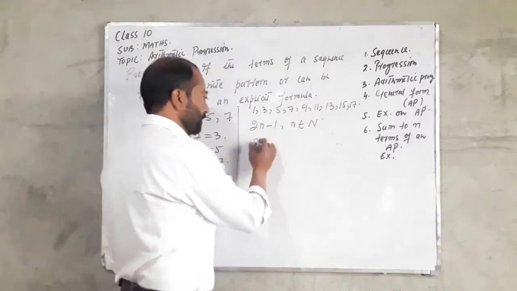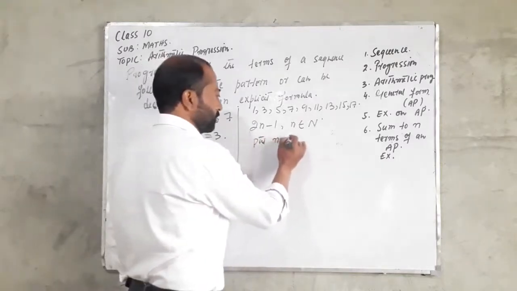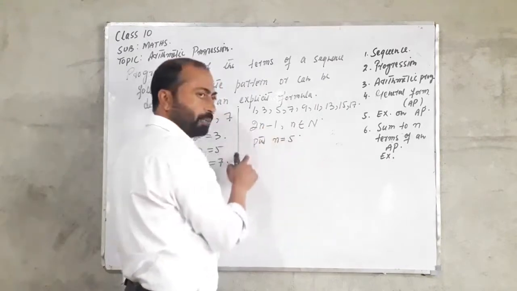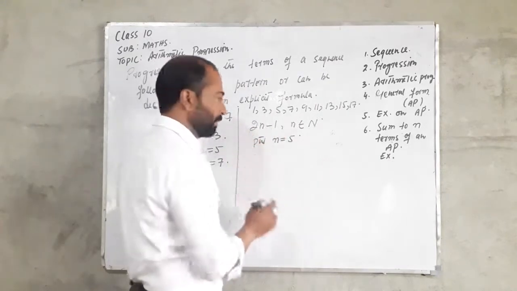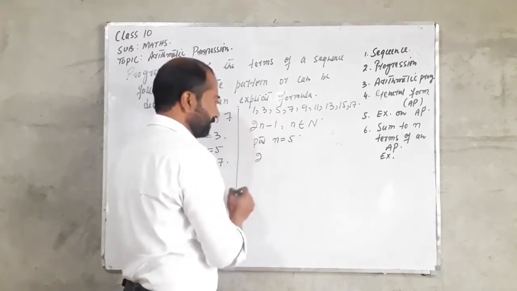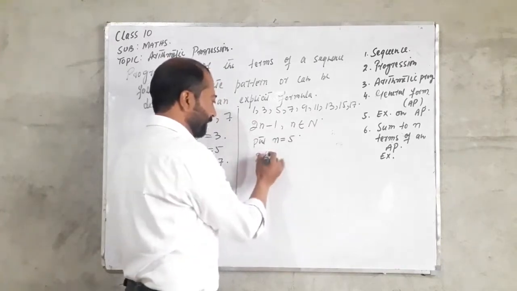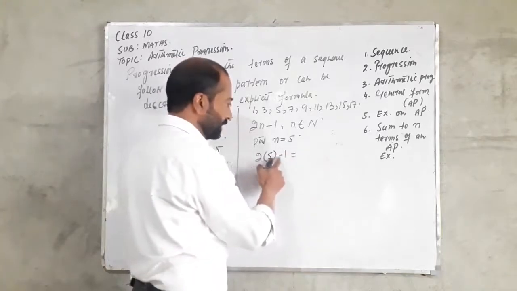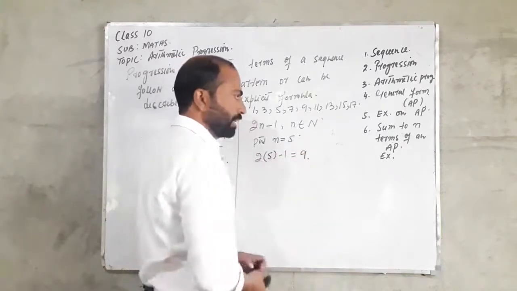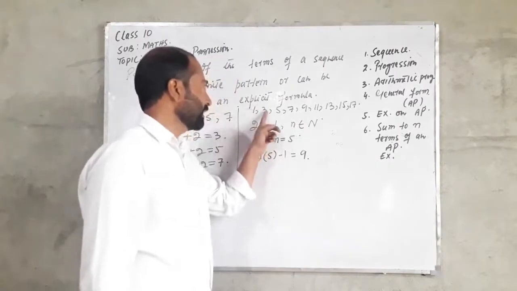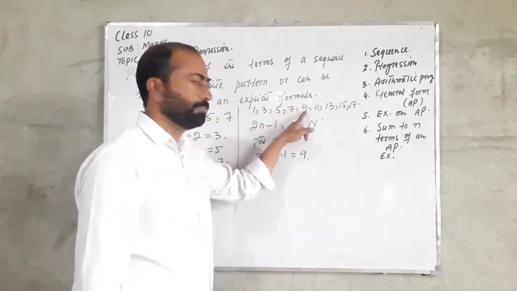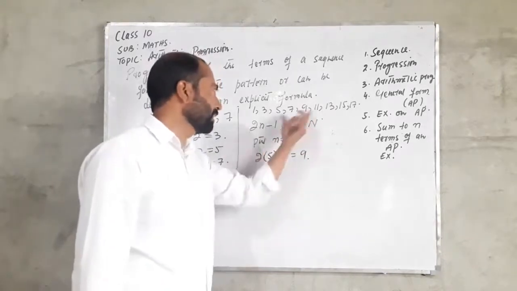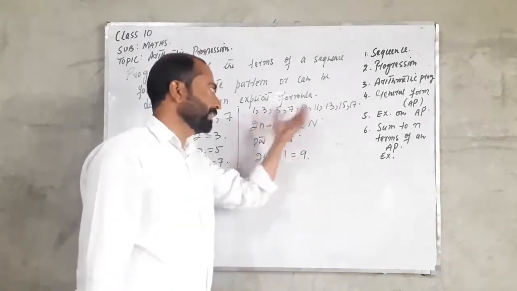So put n equal to 5 in this formula. It gives us 2 times 5 minus 1. 2 5s are 10 minus 1, it is 9. Look here, it is first, second, third, fourth and fifth odd number is 9. That means this formula works here. So it is a progression.